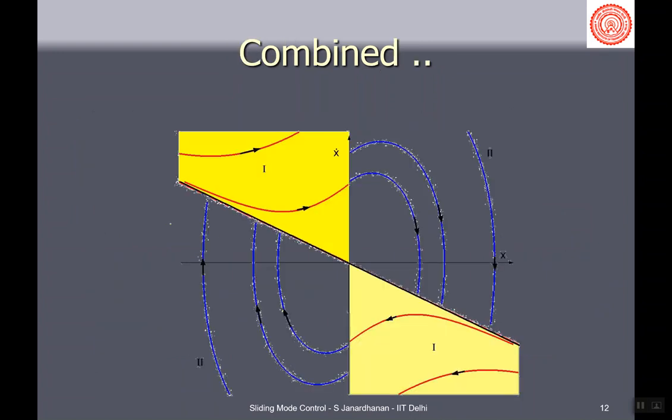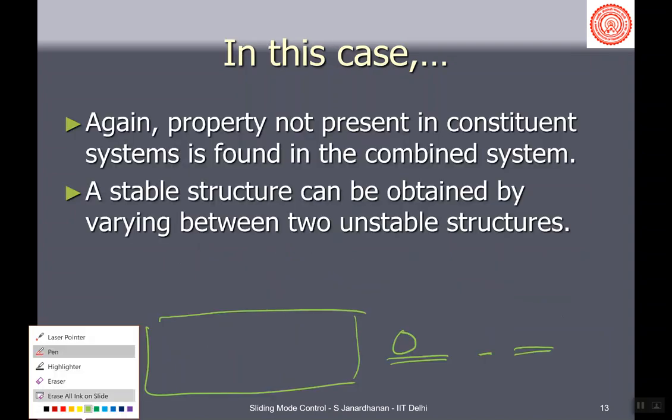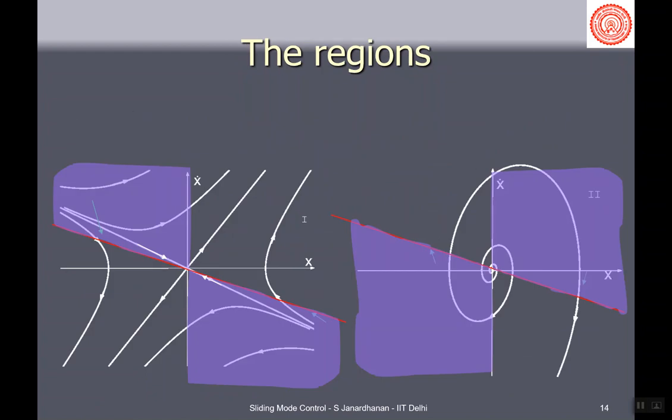It is no longer this line, it is some line that goes in a more shallow manner, something like this. Earlier it was going exactly along this stable eigen direction. Now it is going in a different plane.